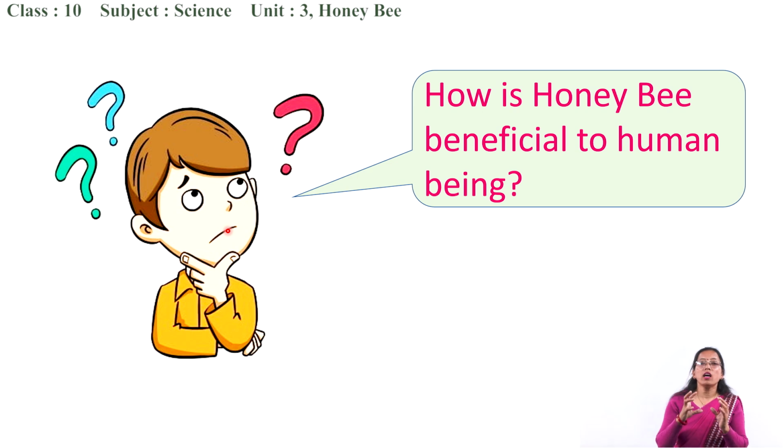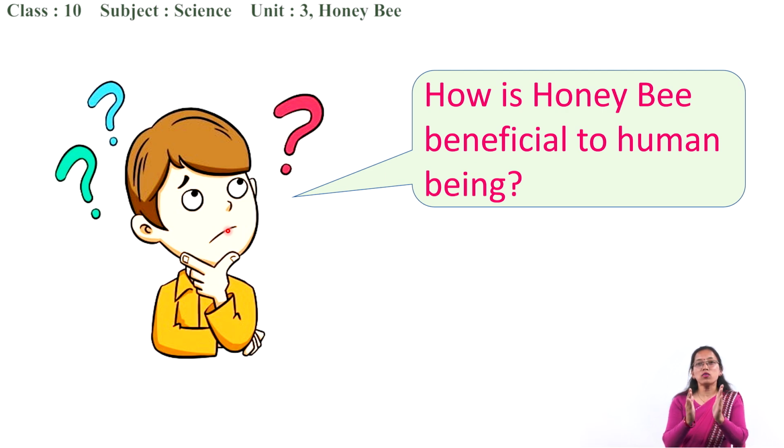The honey bee always completes its life cycle in different stages, and these different stages of the honey bee and different types of honey bee are very beneficial for human beings. We have discussed the benefits of the honey bee in the previous class also.